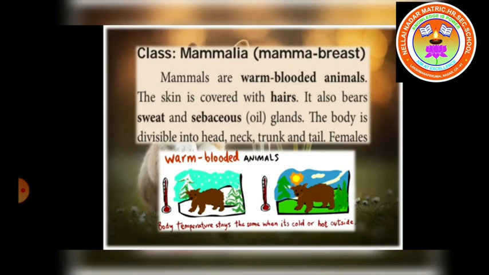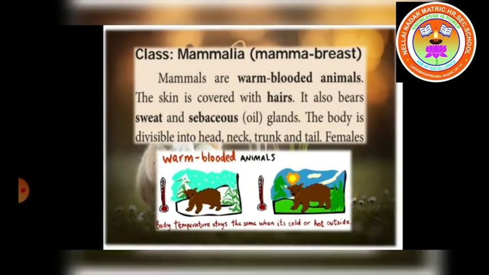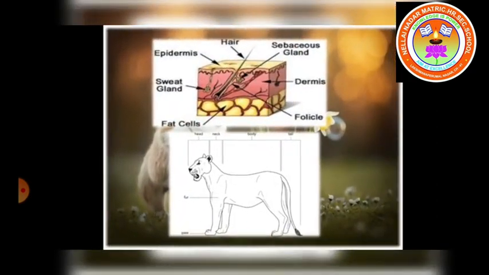The skin is covered with hairs. Sweat and sebaceous glands, that is oil glands. The body is divisible into head, neck, trunk and tail. Here you can see the sweat and sebaceous glands.